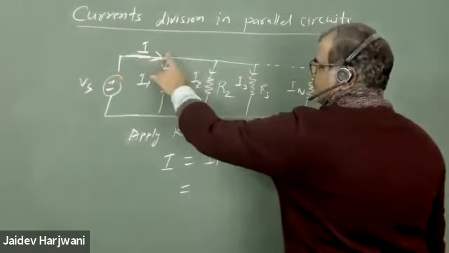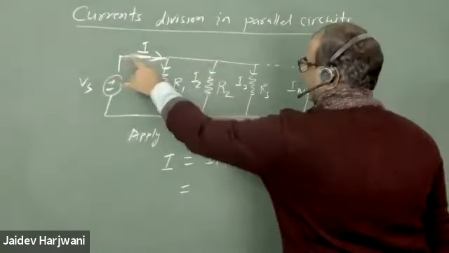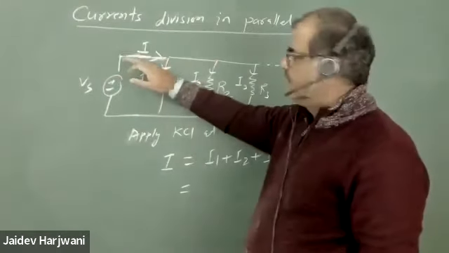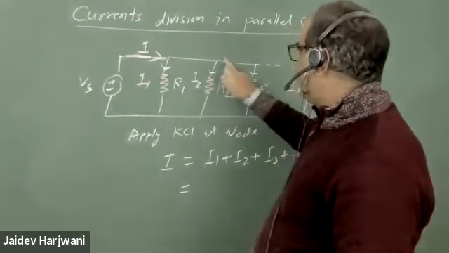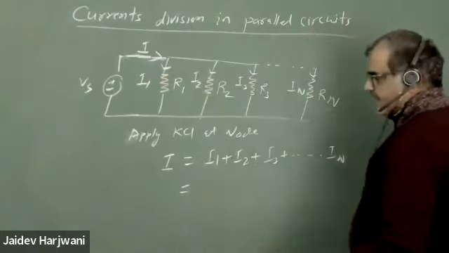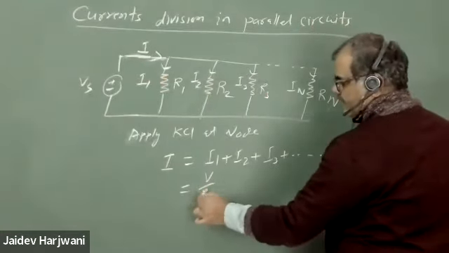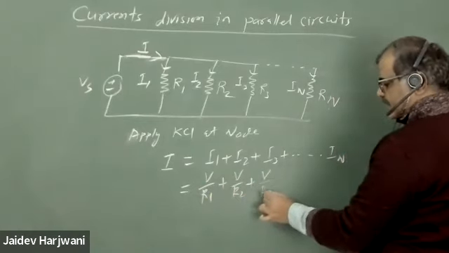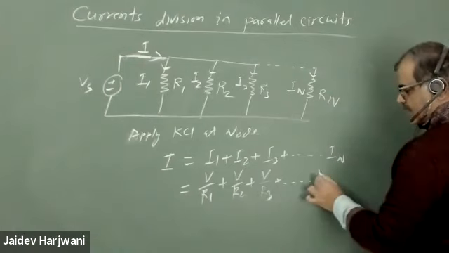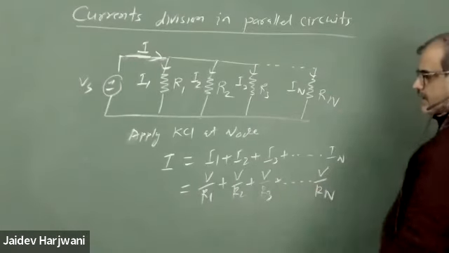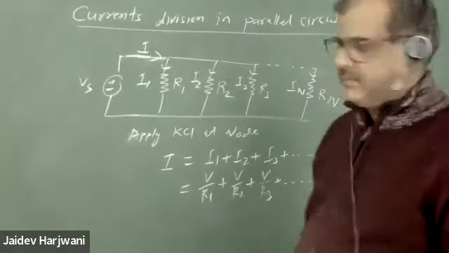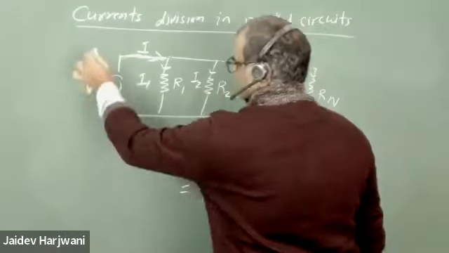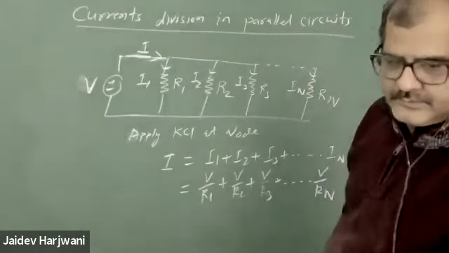The voltage drop here is the same as here; the voltage is the same at this point, because there is no resistance, no voltage is dropped at this point, so the voltage at all these points is the same. So I can simply write V upon R1, V upon R2, V upon R3 and V upon Rn. Sir, at the terminal of R1, VS will come, right? Yes, the full VS. Write VS or V, this is VS. Okay, fine.